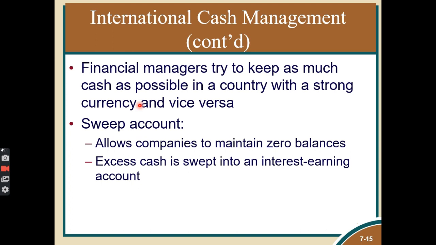Okay, so basically you're going to play with the exchange rates here. Let's say, for example, this is just an example, the United States dollar is weakening and the peso is getting stronger. So what are you going to do? Get all your dollars, transfer them to the Philippines, and convert them to peso because the peso is stronger.